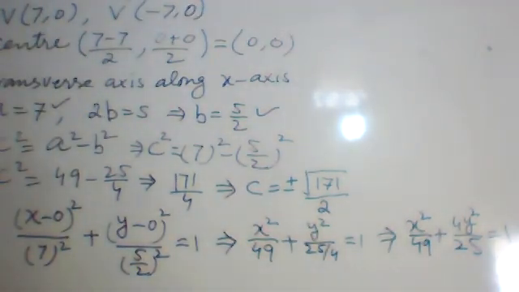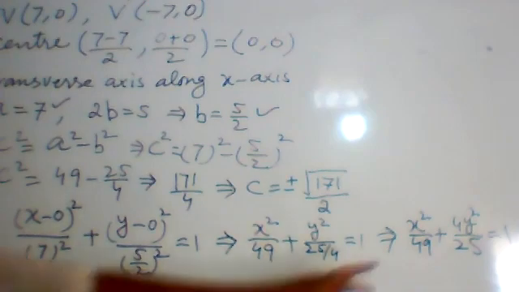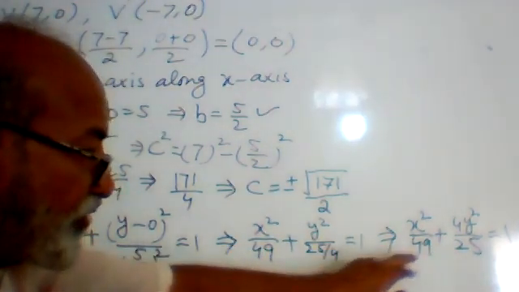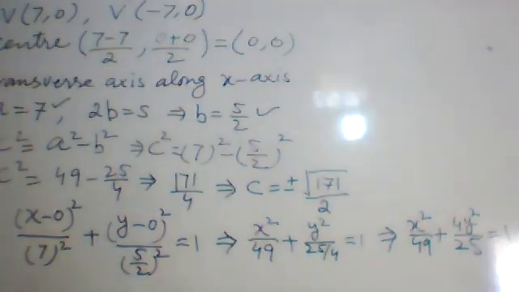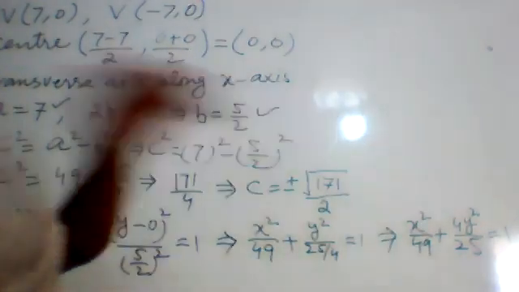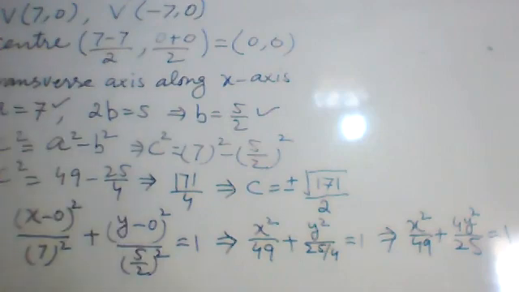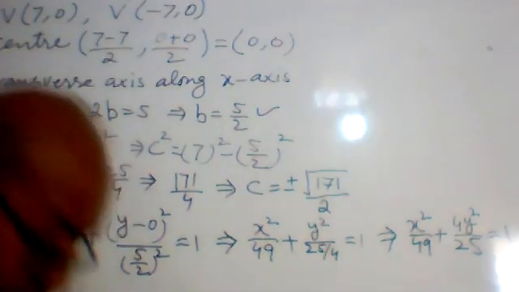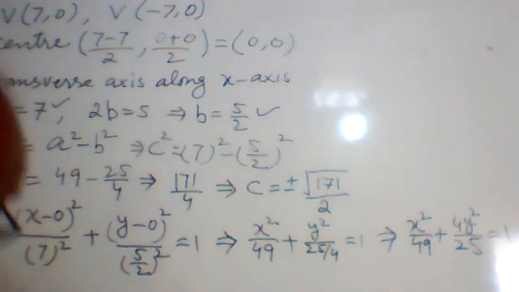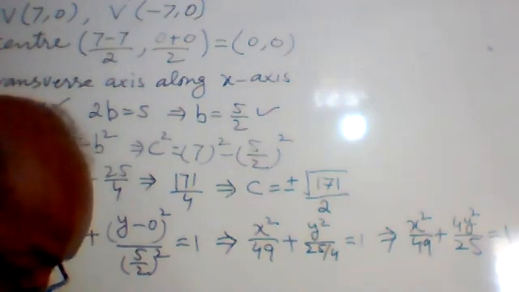If you take the LCM of 25 and 49 and multiply each term by it, the fractions will be removed and you will get the equation that is called the general equation. This is the way to do these questions.